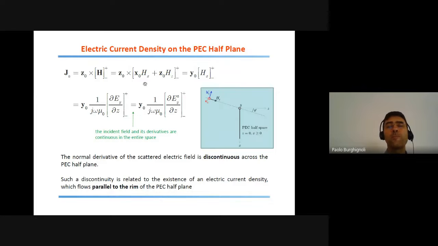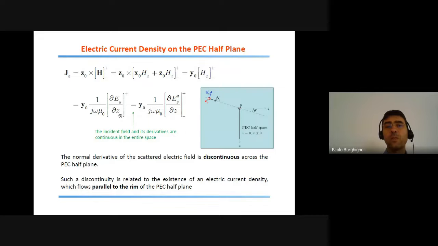If you develop the algebra, you will find that this surface electric current is parallel to the rim of the half plane, so it's parallel to the y-axis, and its amplitude is proportional to the jump of the x component of the magnetic field, which by Maxwell equations, as we said before, is also proportional to the derivative of Ey with respect to z.